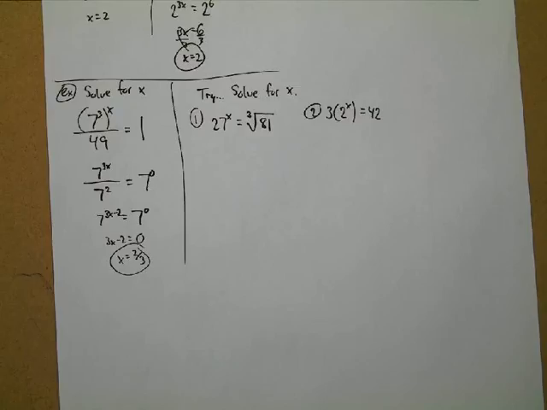No, you don't need to. 81 is fine. I mean, you can figure it out, right? So let's just think 3 times 30, because it's 3x, now that would be 27.